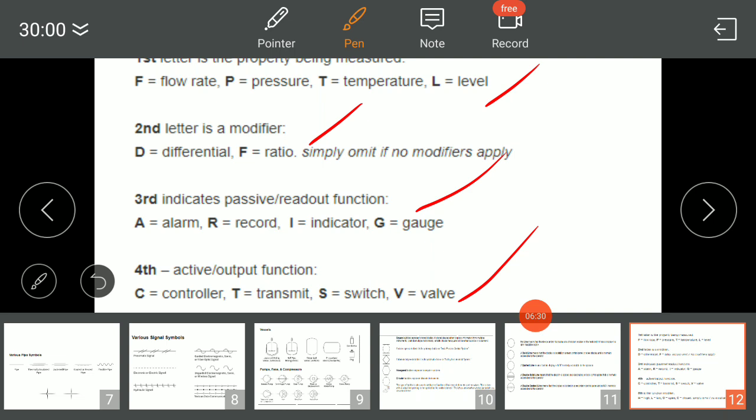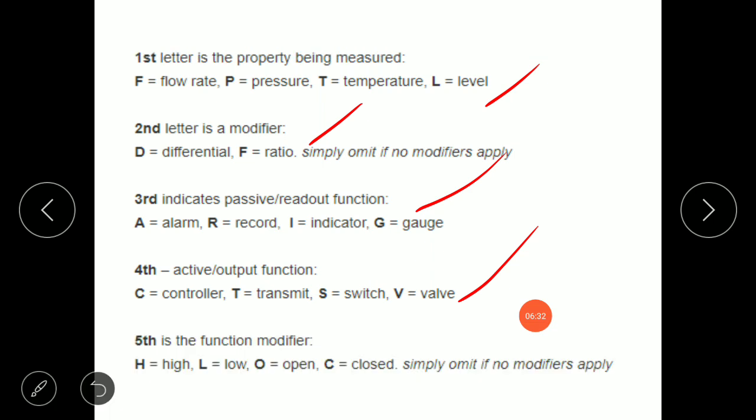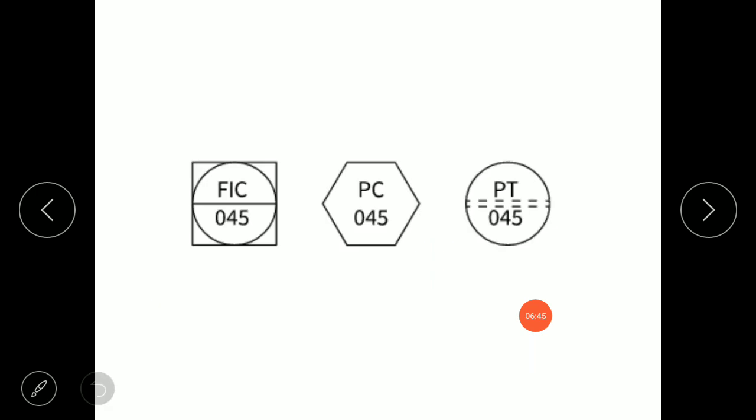These instruments are identified by up to 5 letters as I've shown here, and the 5 letters mean the things that I've written in this slide. This is followed by a loop number which is unique to that loop.